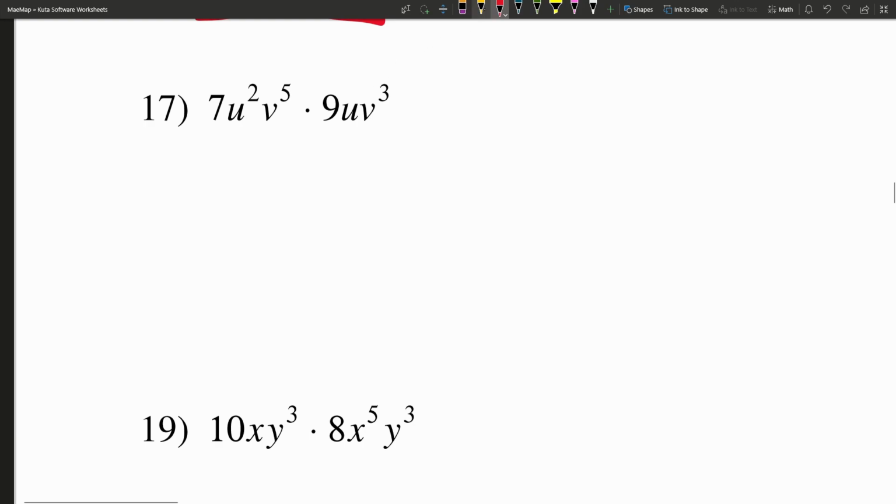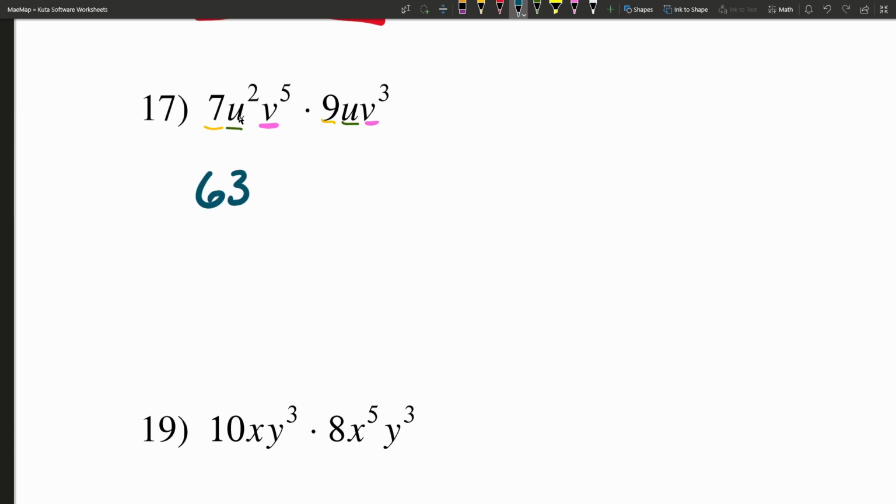For number 17, you can see that we have two different bases we're going to be working with. We have a base of u, and we have a base of v, and also two coefficients out in front, 7 and 9. So starting with 7 times 9, I'm going to get a positive 63.